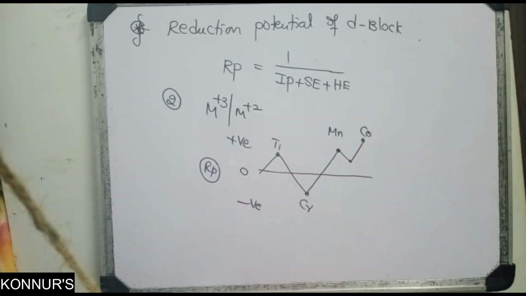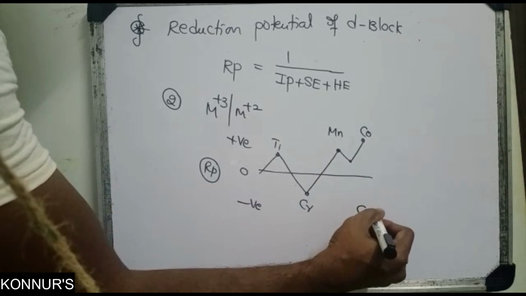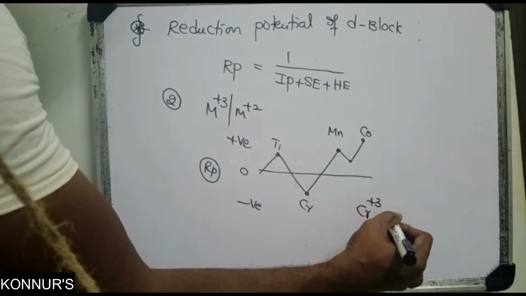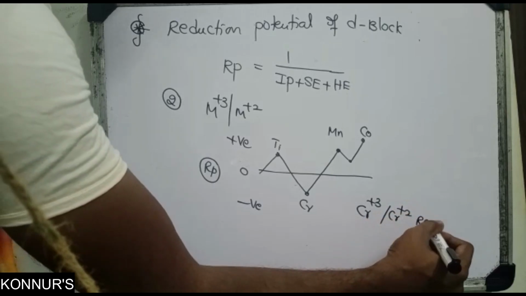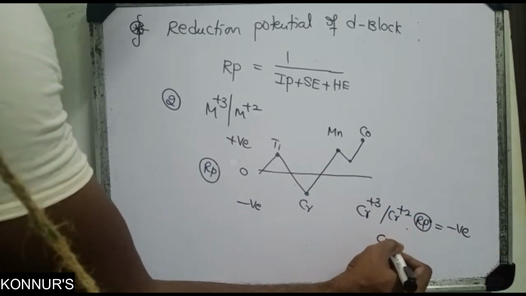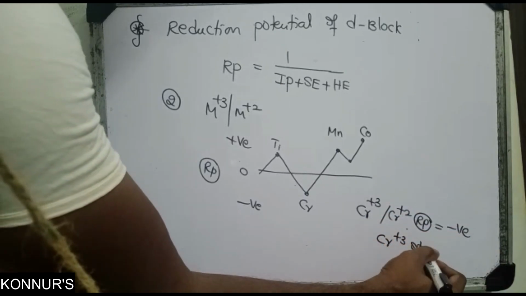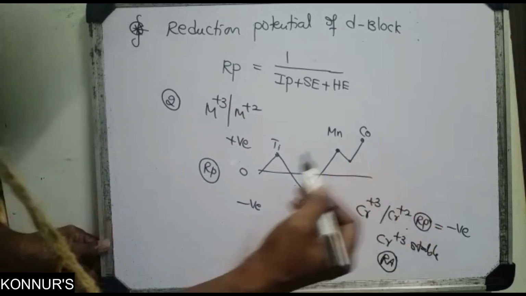So this is observed like this. Already we discussed chromium. Chromium +3 is converted into chromium +2 and you get a negative value. Negative value means chromium +3 is stable and it acts as a reducing agent.